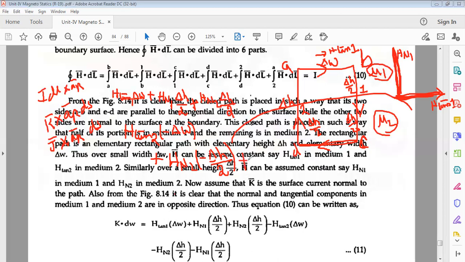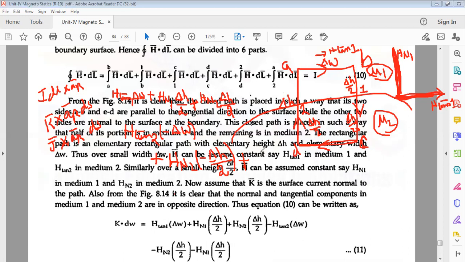And the last integral is in the medium 1, 2 to A. H bar dot DL bar. DL bar is delta H by 2. And H bar is parallel to the normal line.